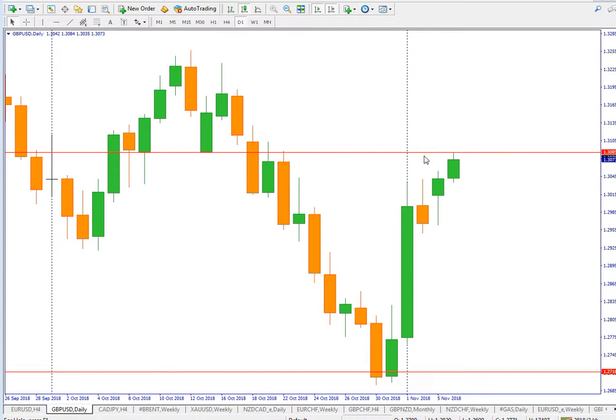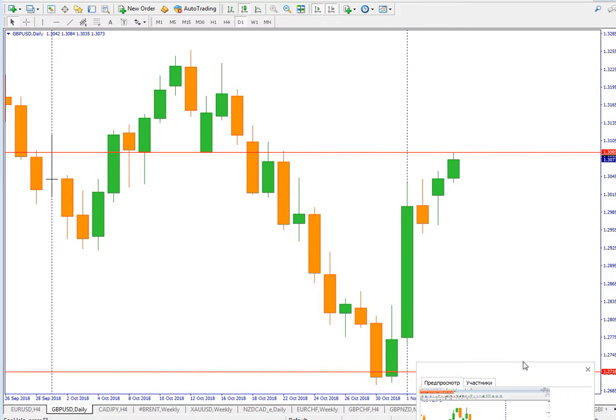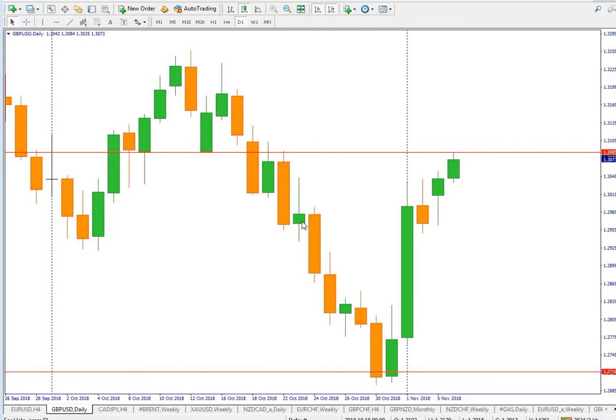We are still looking at a sell from this point, 1.3085, to the lower side. And that is that for GBPUSD.